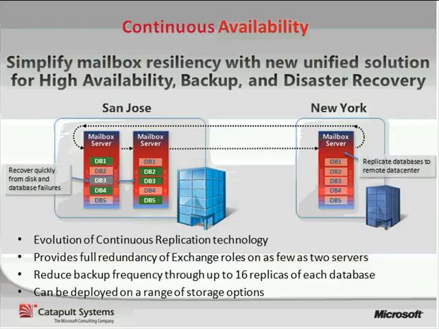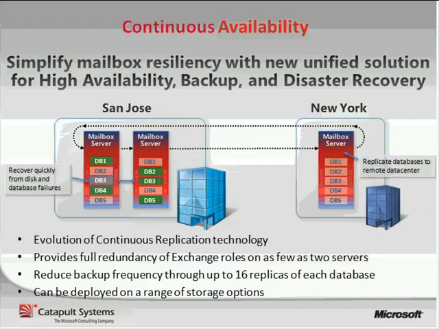Traditionally, we've been required to deploy expensive shared storage clustering or purchase third-party data replication products to provide full redundancy, not only within a data center, but across data centers. Exchange Server 2007 introduced a built-in data replication technology, continuous replication, which really reduced the cost of deploying highly available Exchange infrastructure.